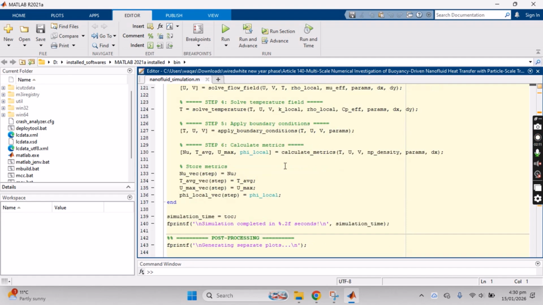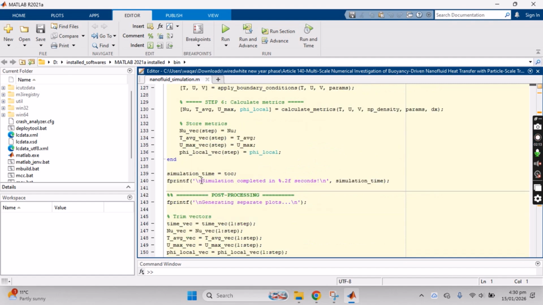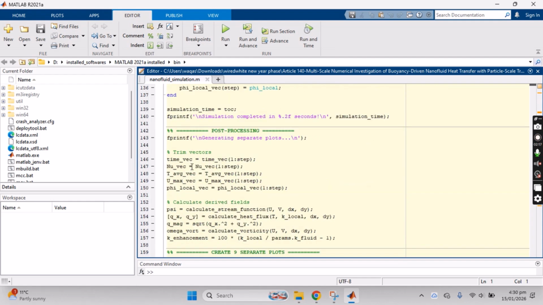Then I have added calculate matrices and store matrices. This logic is used for storing matrices. For post processing, we have just added the fprintf command, like the plots are being calculated and generated in MATLAB.